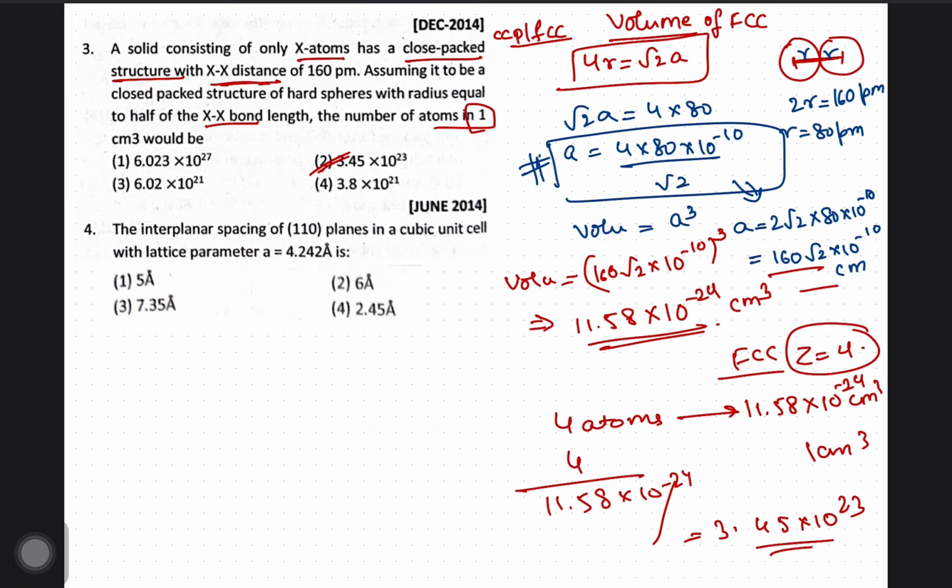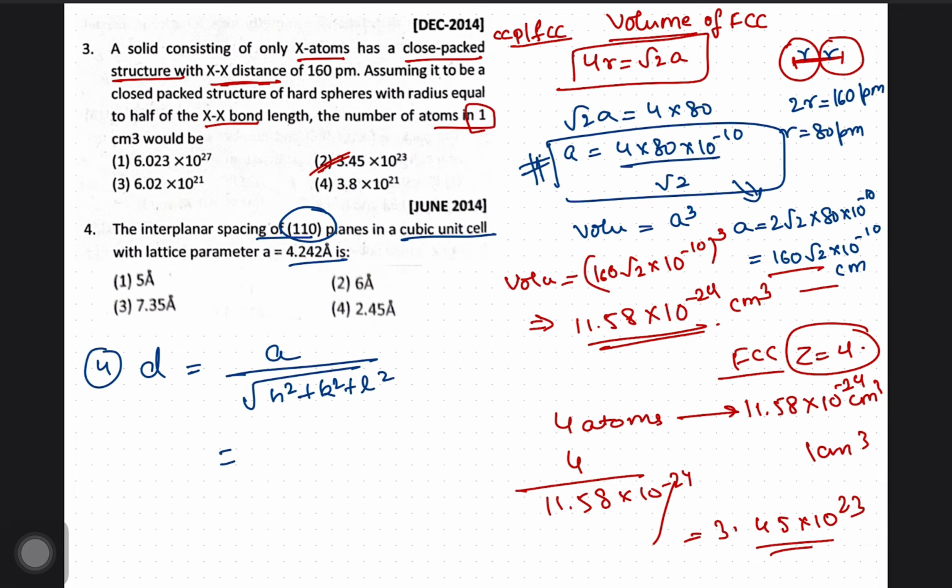Then the next question is the interplanar spacing of this plane in a cubic unit cell with the given lattice parameter. See, in a cubic system we know that d is a divided by √(h² + k² + l²), right? a they have given.